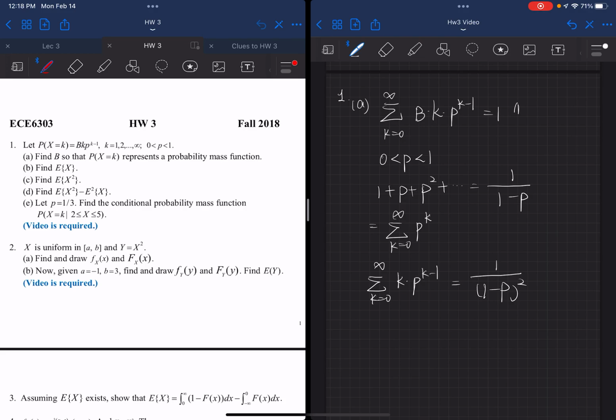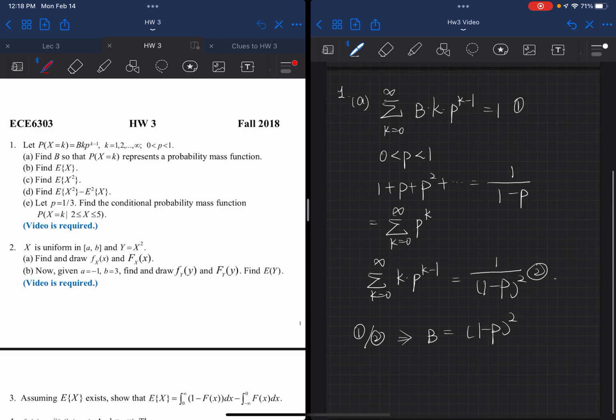This is equation 1, this is equation 2. So to calculate the value of b, we just take 1 divided by 2, and we directly get b equals 1 minus p to the power of 2. And this is for problem A.